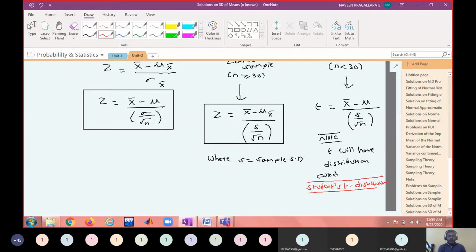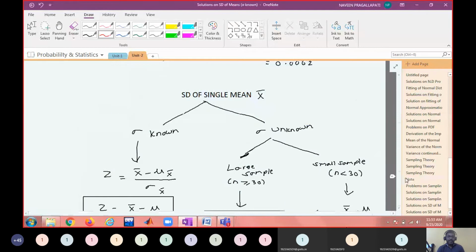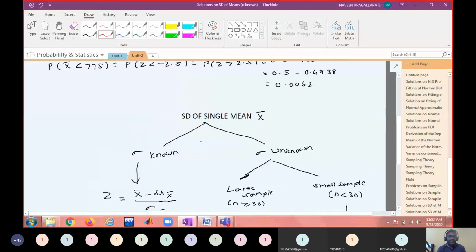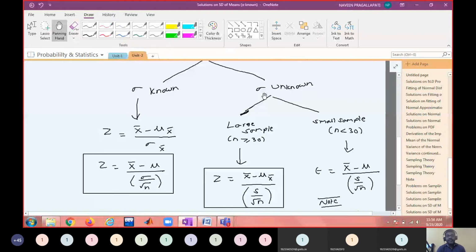Whether sigma is known or unknown, we always assume that the population is normally distributed or approximately normally distributed. We have problems on finding the probability only when sigma is known. We don't have problems for the sigma unknown case.